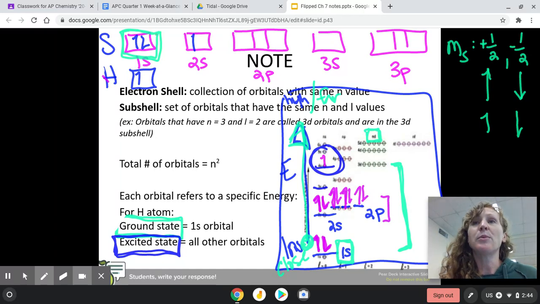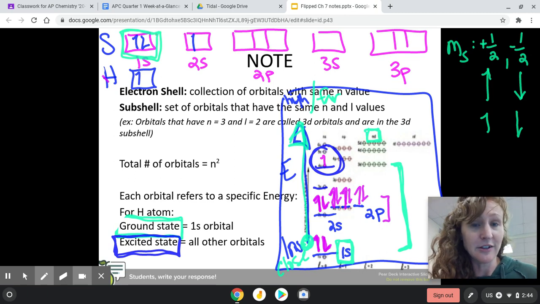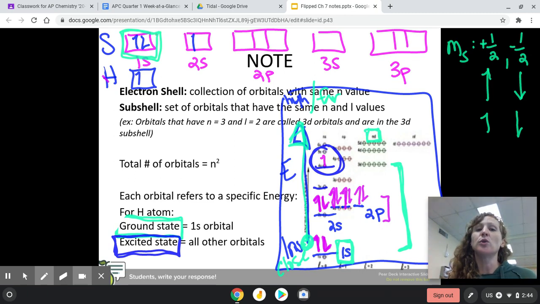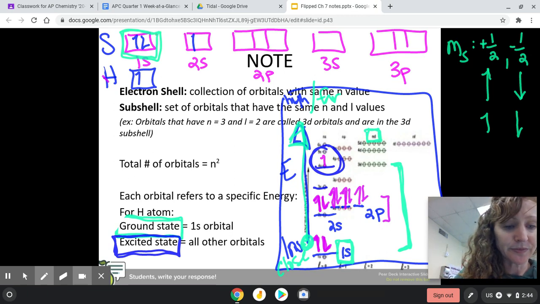There are a couple of tricks for figuring out that order, and we actually talked about these in chemistry a while ago. So let's review some of these tricks. What is that low energy to high energy orbital order?